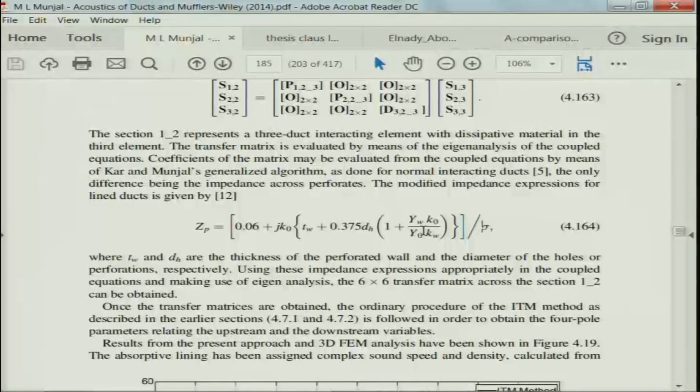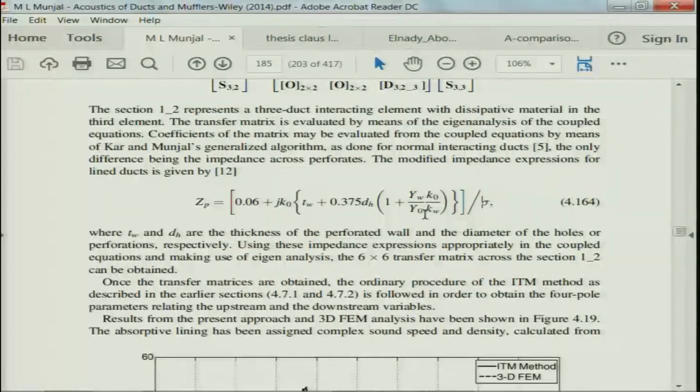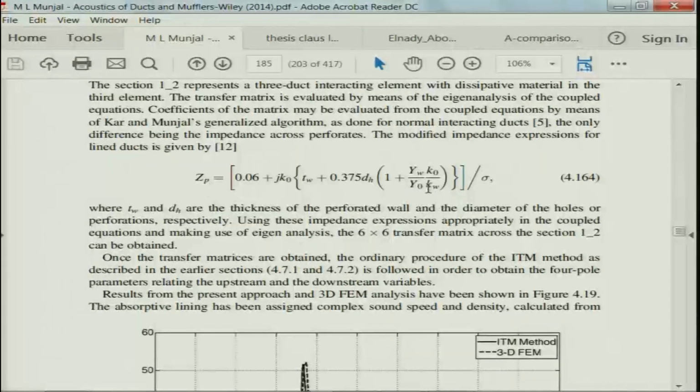When YW and KW are equal to Y naught and K naught respectively, when the medium is air, this becomes 1. So, this is 2, and 0.375 will become 0.75 dH. So, you basically get back the expression for the stationary medium, in the case of zero mean flow and no dissipative material.